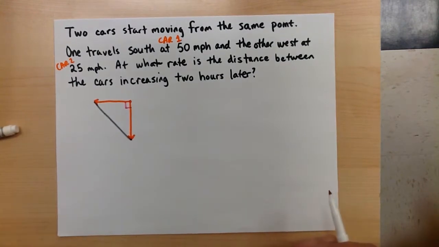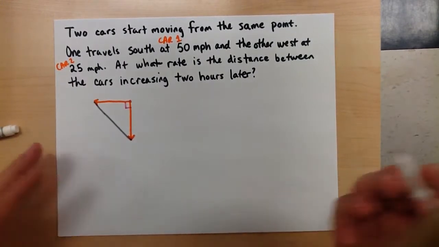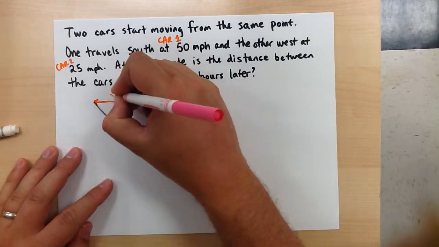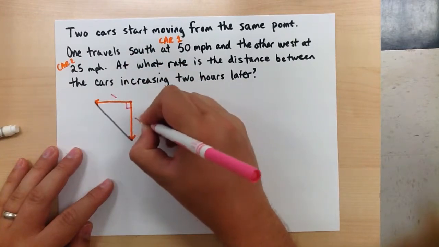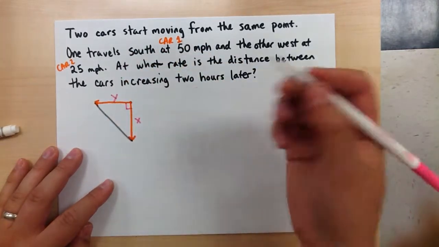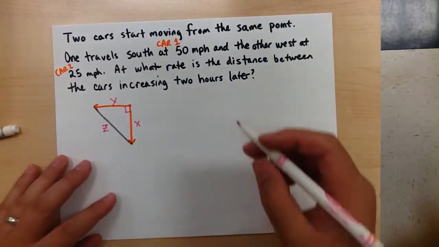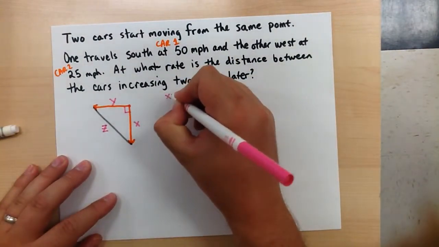Now we need some variables. You can use whatever variables you like. They didn't really give any indication of what you should use. So let's call x car 1 and y car 2. And z the distance between them. You can call them whatever you want though. So let's label it just so we understand.